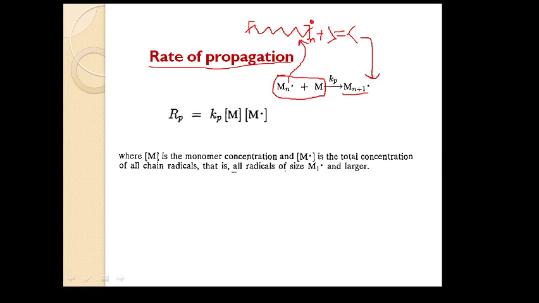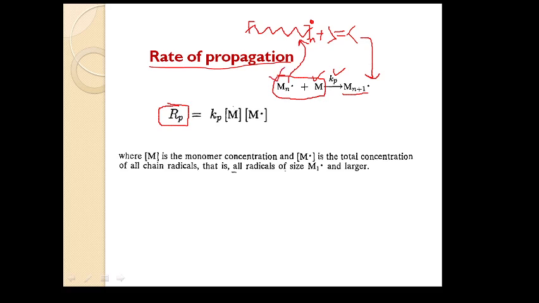Now in this case, Kp is the rate constant of the propagation step. Now simply we represent the expression for the rate of propagation step. So rate of propagation is equal to Kp, the rate constant, into concentration of M into concentration of M dot, right?